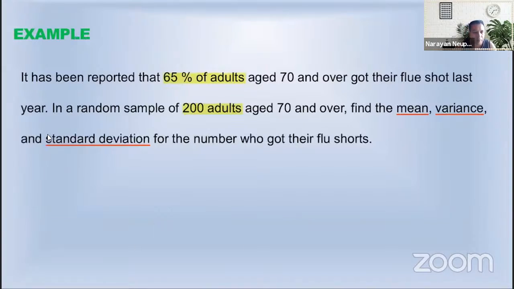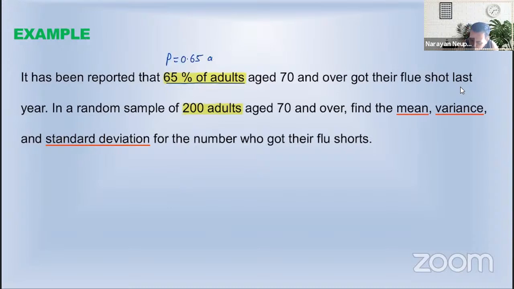Here is the example. It has been reported that 65% of adults age 70 and over, so here we are focusing on the age group 70 or more, got their flu shot last year. So the value of P, the probability that they got the flu shot, is 0.65. 65% got the flu shot.